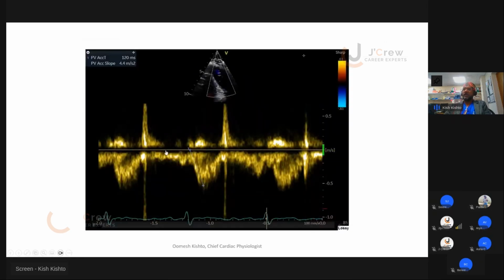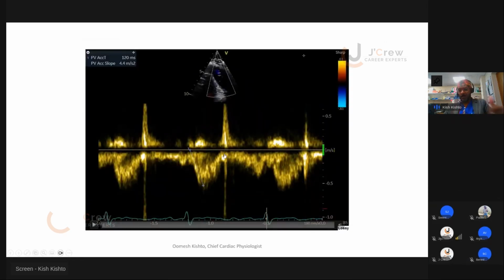So this assessment is good for pulmonary hypertension, PE patients, and any pulmonary congestion type, like even in MS, because in MS what you're looking at is the LA is getting overloaded, and then all that is going back into the lungs and then back into the right heart. So it's a vicious circle basically.